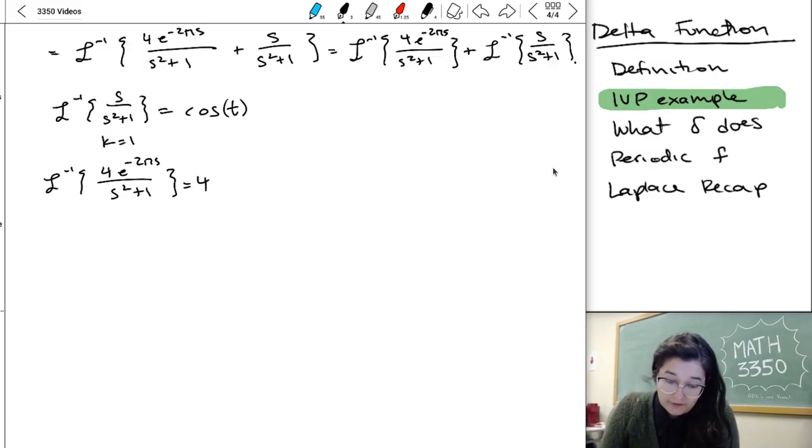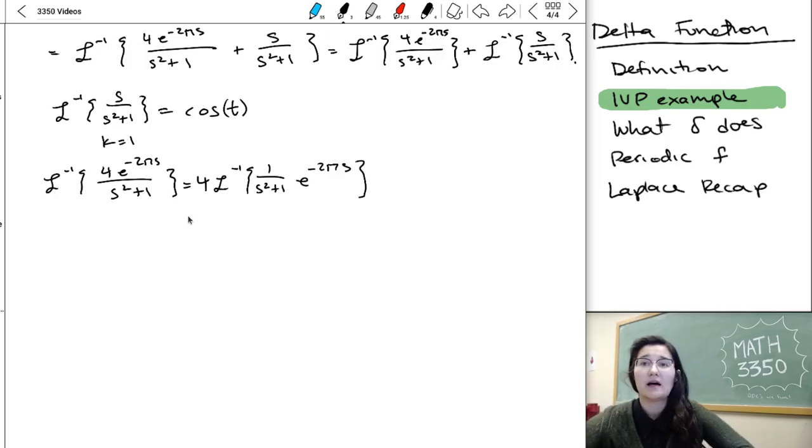I'm going to be able to pull a 4 out and be looking at L inverse of 1 over s squared plus 1 times e to minus 2 pi s. All I did was separate out the fraction part and the exponential part.